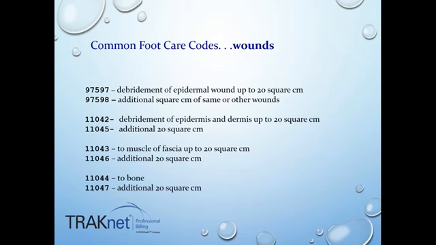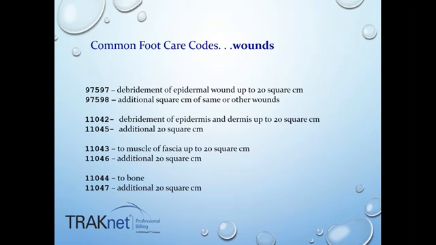If you're debriding to the level of the dermis, same principles, up to 20 square centimeters, then you should be using a 11042. But if your data is showing all 11042s and no 97597s, once again, you're in a potential outlier situation that can trigger an audit.